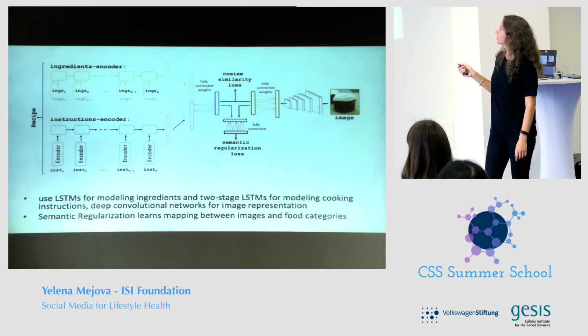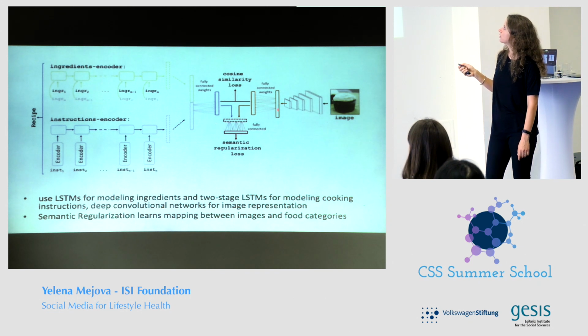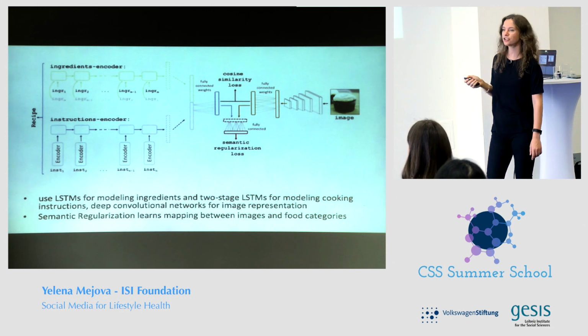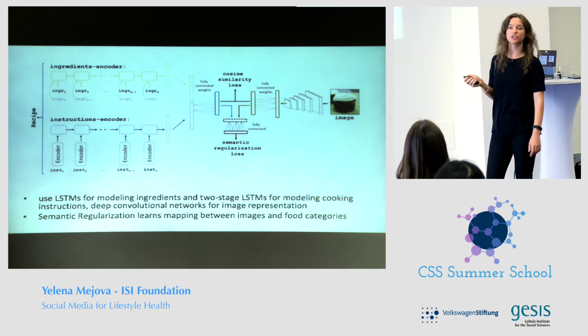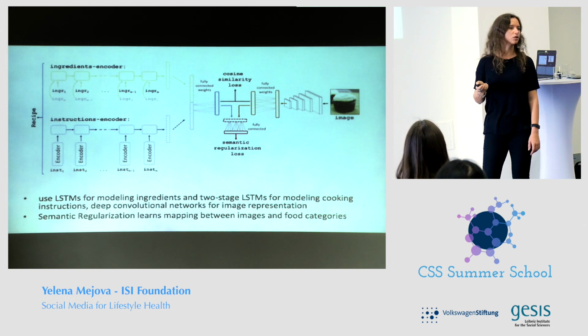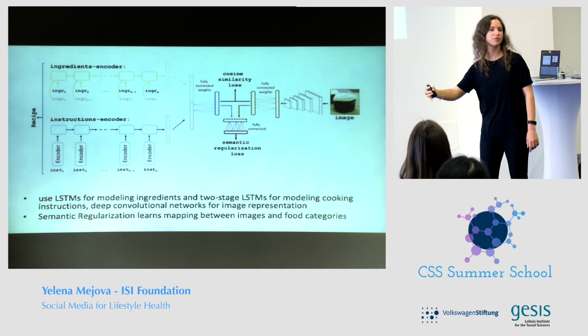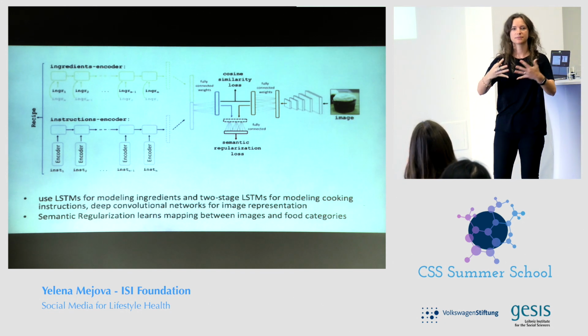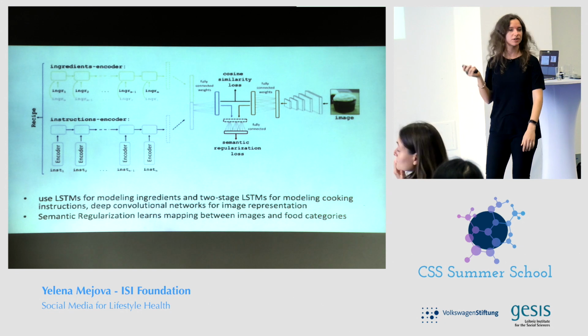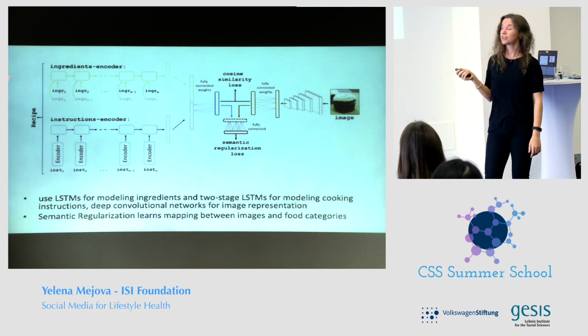Then this is all connected to the image, which we already know has some kind of convolution happening, so it gets smaller and smaller, and then we have some high-level representation of that. All of this is connected through some semantic regularization, where high-level concepts from one side are connected to high-level concepts on the other, and it is married. Don't ask me to explain any of this.